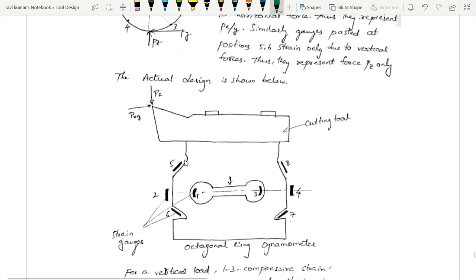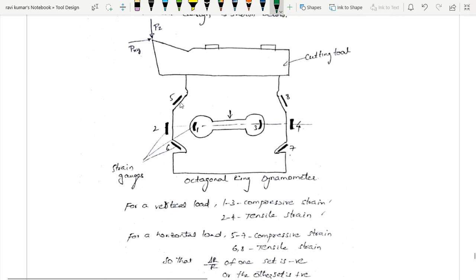So that is the theory, and in reality we are not going to have a circular dynamometer. Instead we have an octagonal ring dynamometer. You may find this 1, 2, 3, 4, similarly 5, 6, 7, 8. This combination will be able to find out the value of the cutting force separately, right?